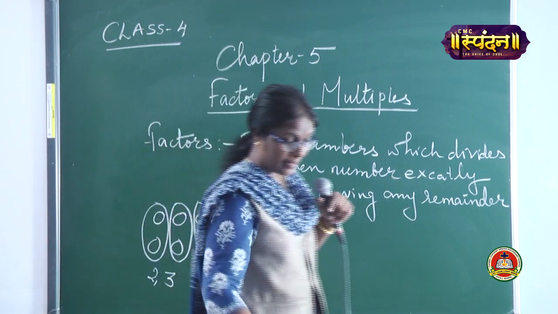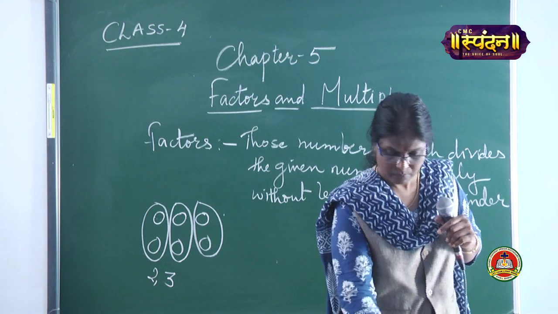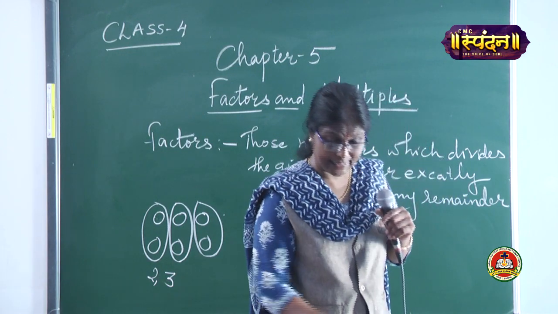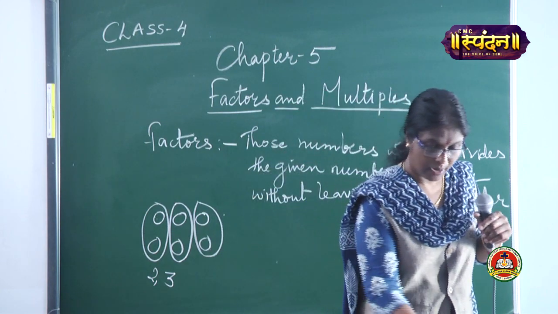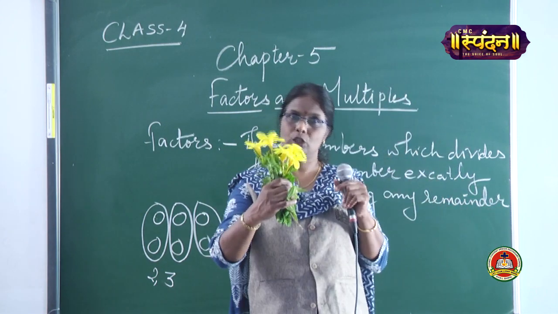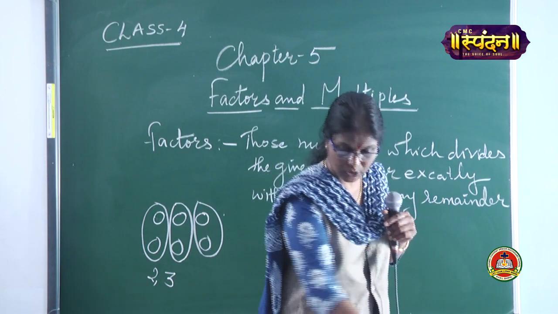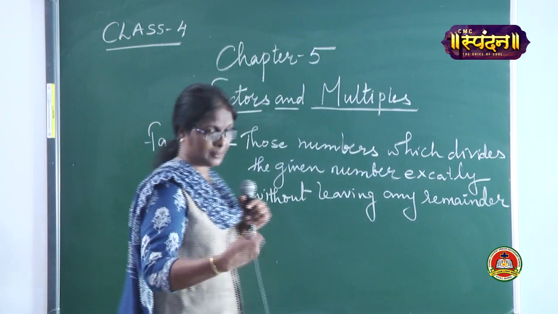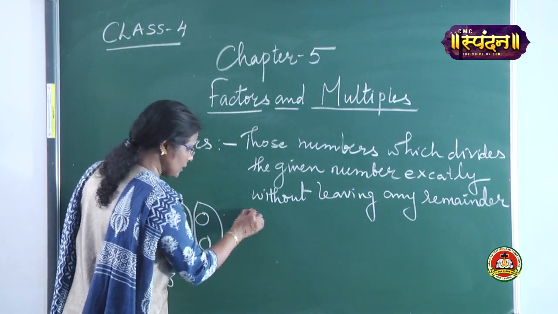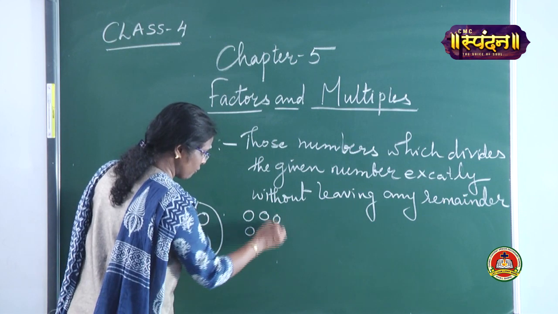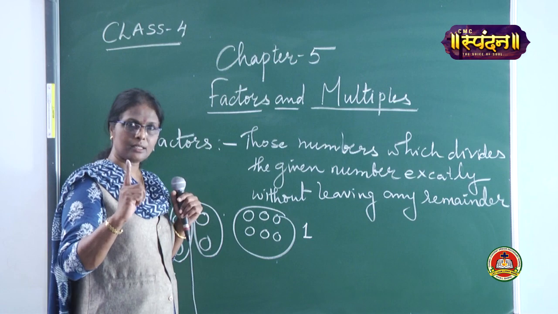Now, I can arrange this as 1 flower each. I will get 6 bunches. This is also one way. Or I can make it a single bunch, that means 6 flowers in 1 bunch, all the 6 flowers, nothing is remaining.